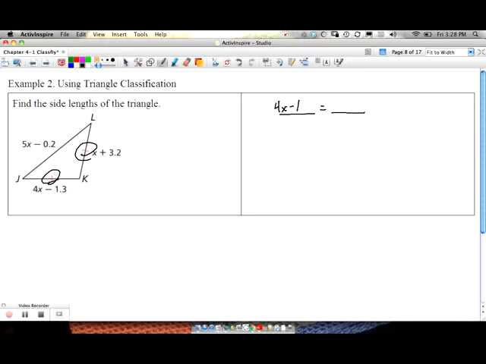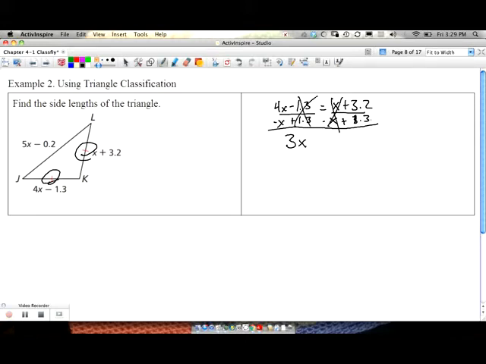Well, let's work this out. I can add 1.3 to both sides, and I can subtract x as well. Then I'll have 3x on the left side, and these x's are gone. These 1.3's are gone. And 3 plus 1 is 4, 2 plus 3 is 5. So it's going to be 4.5.